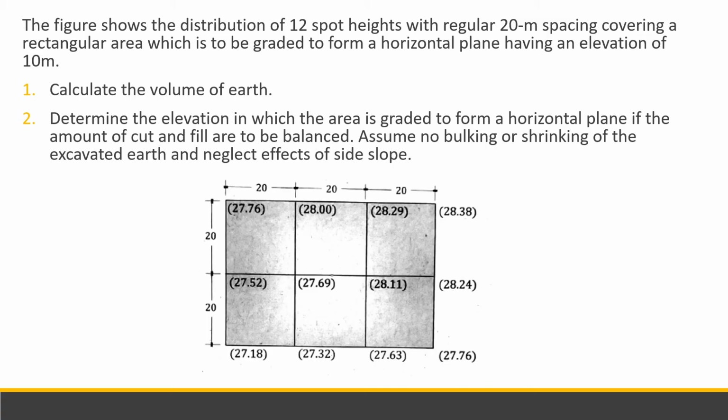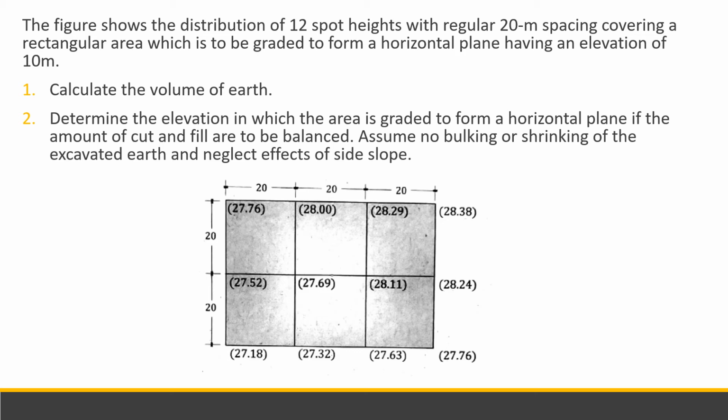Okay, so question number 1 is calculate the volume of earth to be excavated, and then determine the elevation in which the area is graded to form a horizontal plane if the amount of cut and fill are to be balanced. So, assume no bulking or shrinking of the excavated earth and neglect effects of side slope.